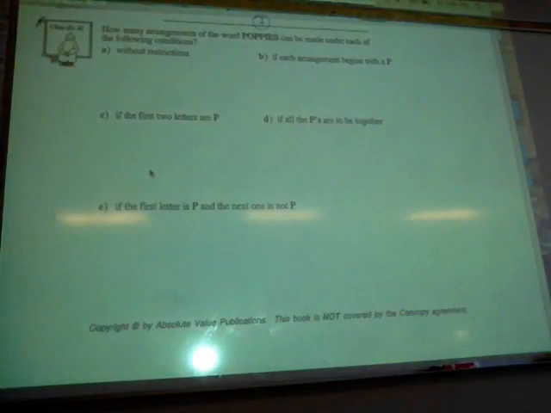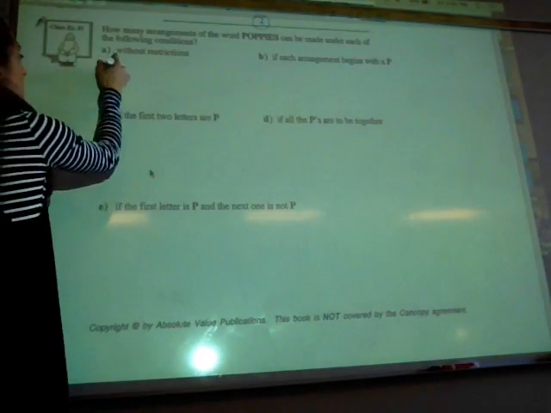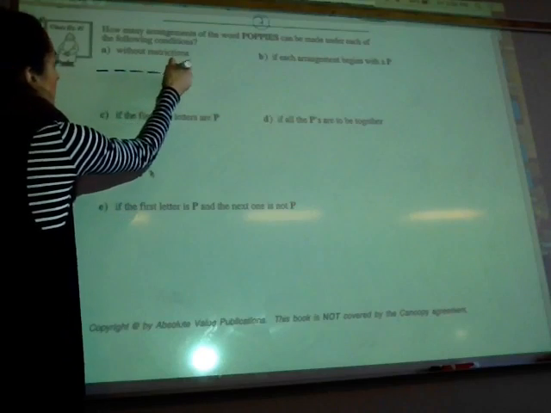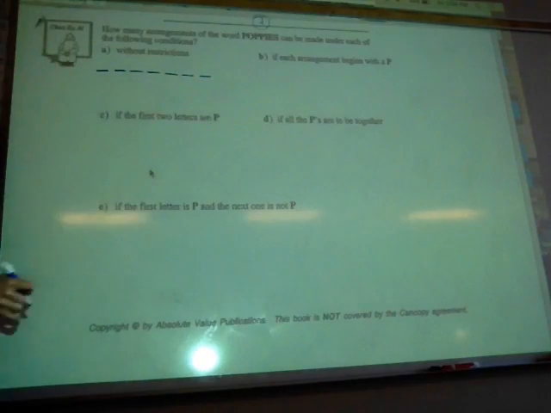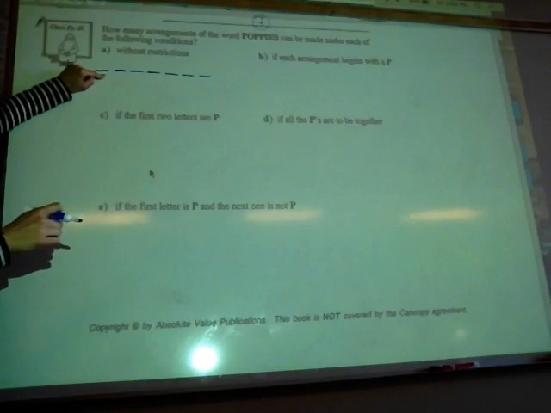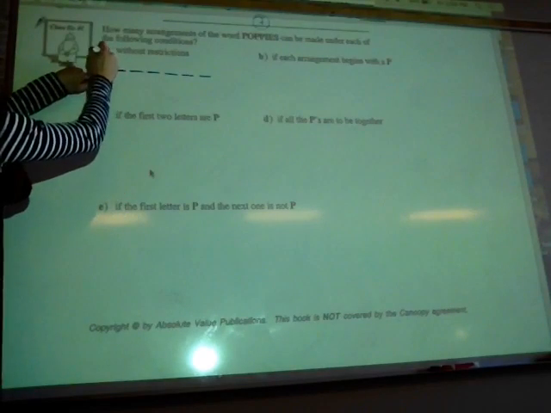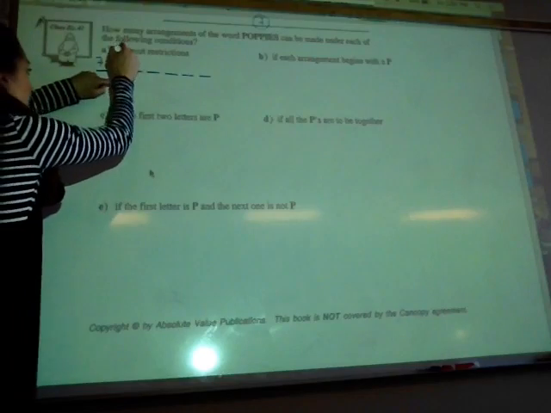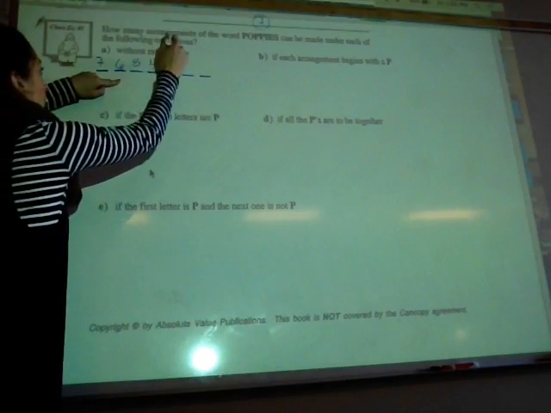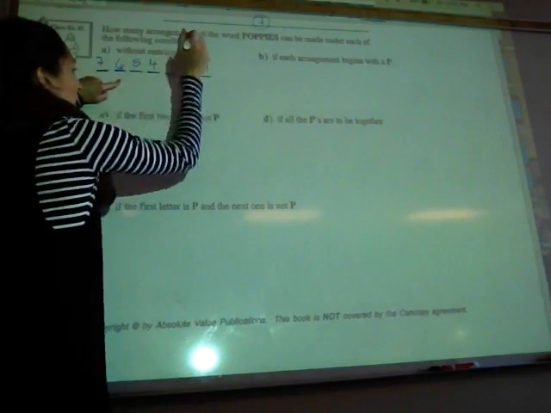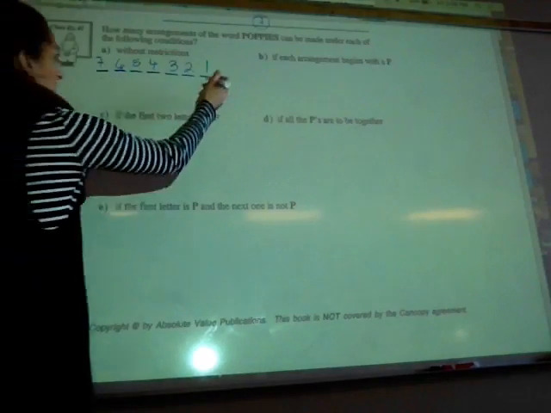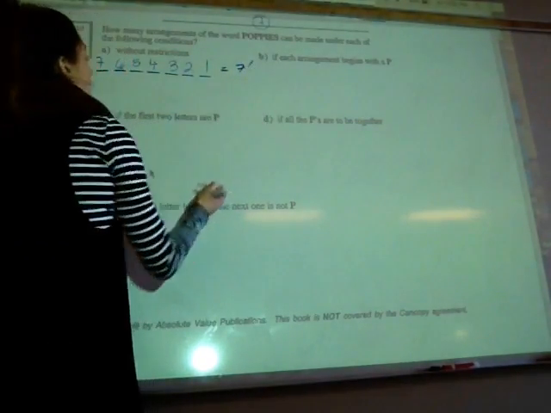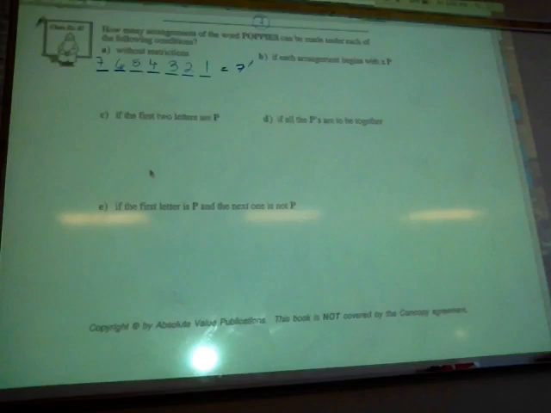So without restrictions, I'm going to use the fundamental counting principle to start. For the first letter, I have 7 choices of letters, correct? And then 6, and then 5, and then 4, and then 3, and then 2, and then 1. That's equal to 7 factorial, or 7 pick 7.